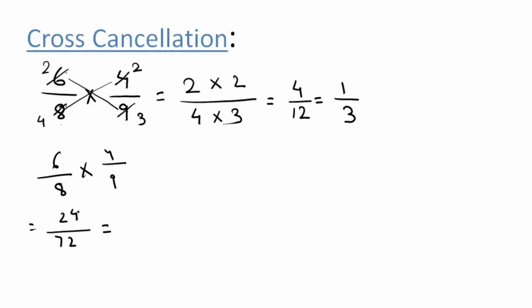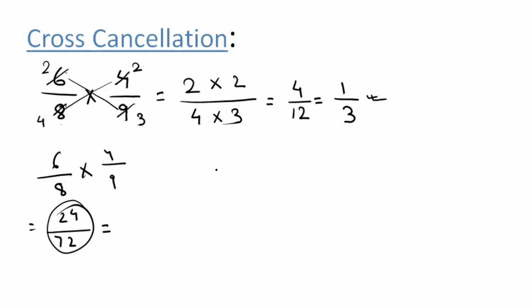See here, you got the big number, and when we use the cross cancellation here, then we get the smaller number, and it's easy for us to find our final answer. So that's why we are using the concept of cross cancellation to make it easy.